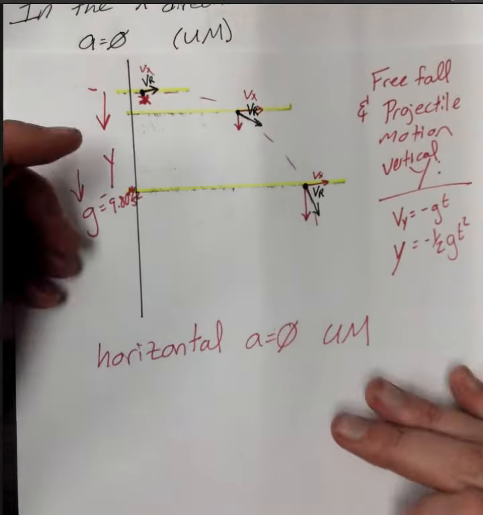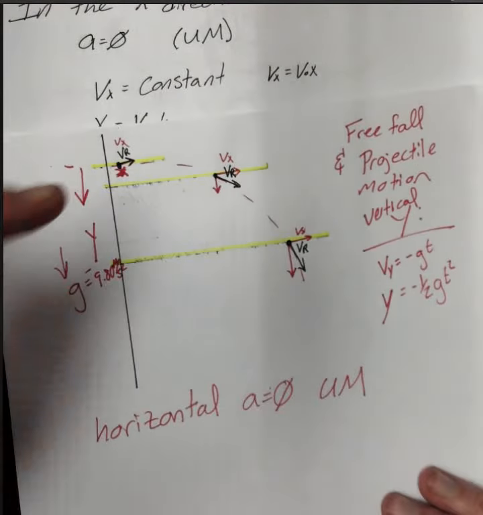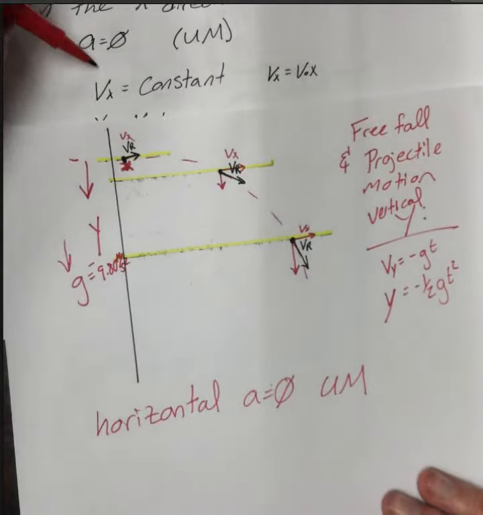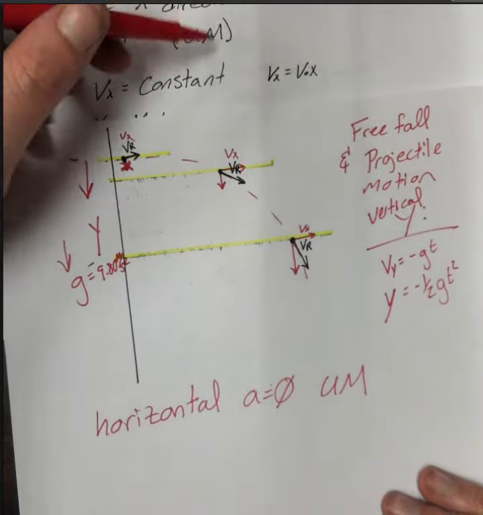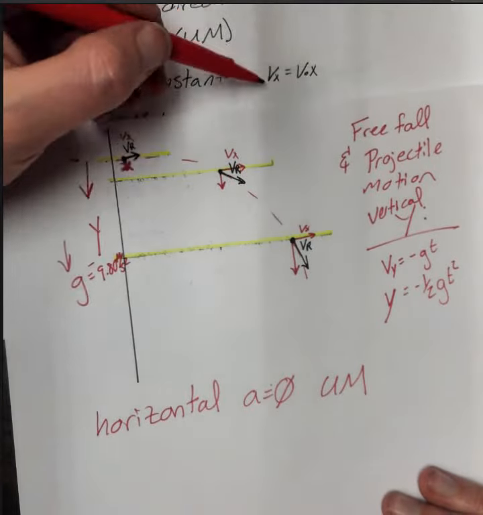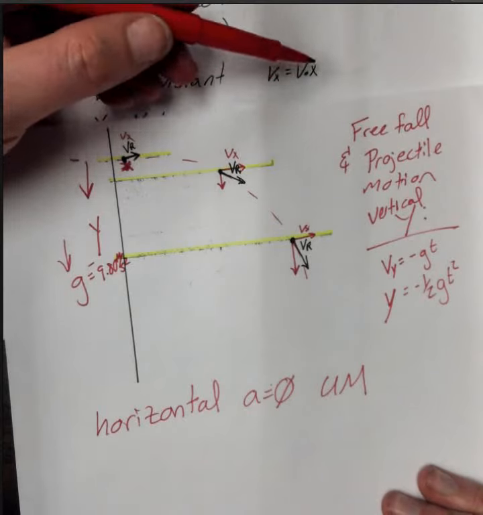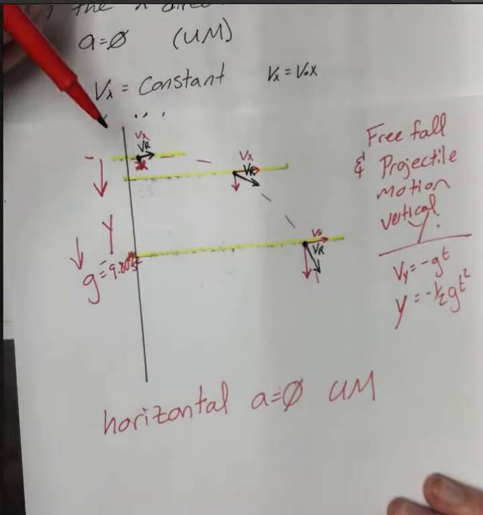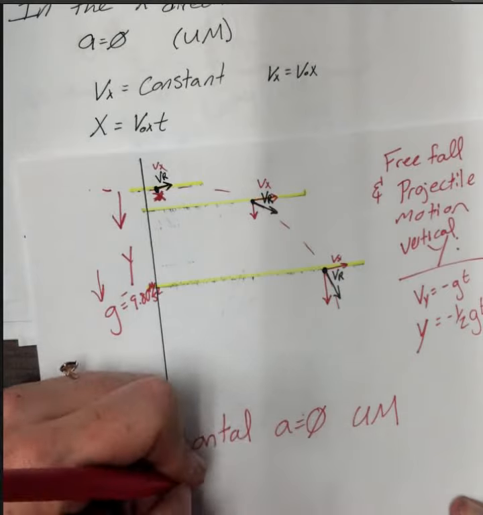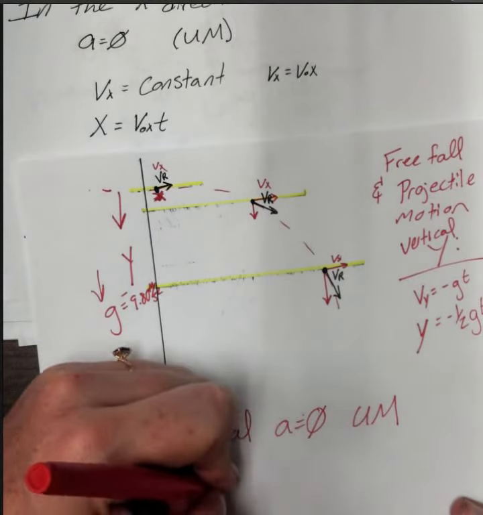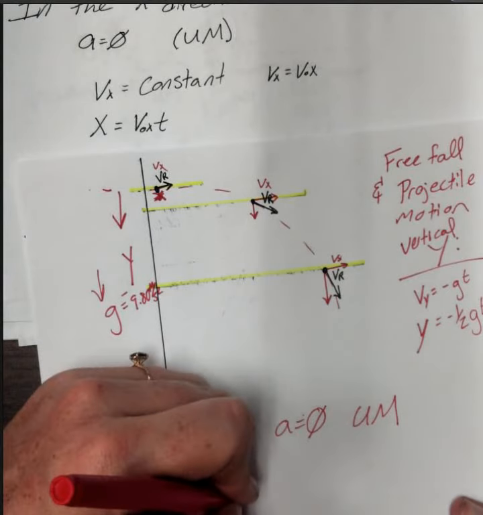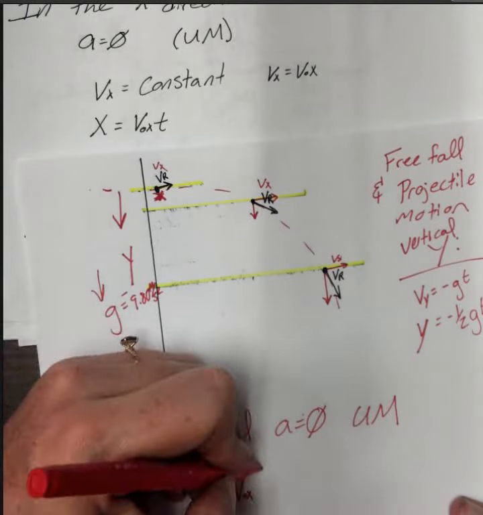And if we have uniform motion, then that means that the velocity is constant. That means that the final velocity in the x direction will be the same as the initial velocity in the x direction, which means that this is the only equation that we're going to need. For position, x will always equal whatever the initial velocity was times time.